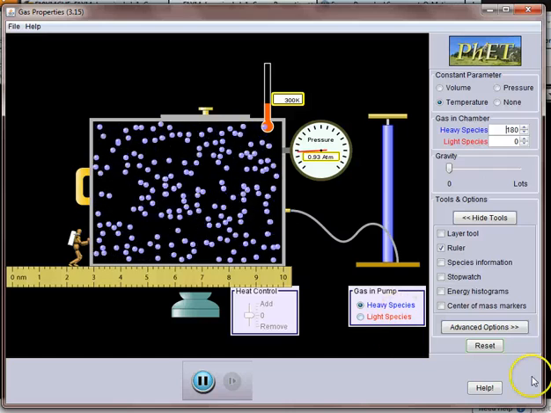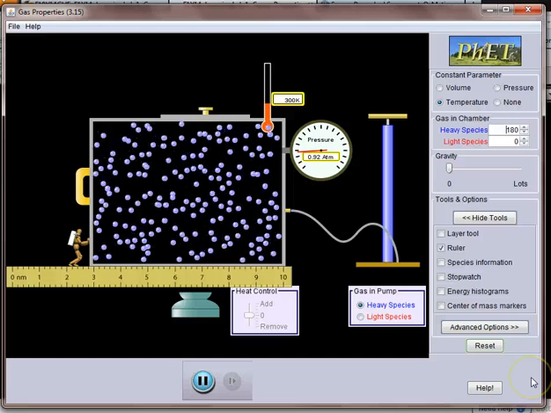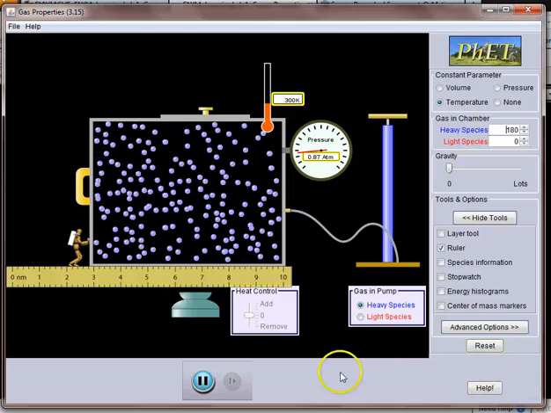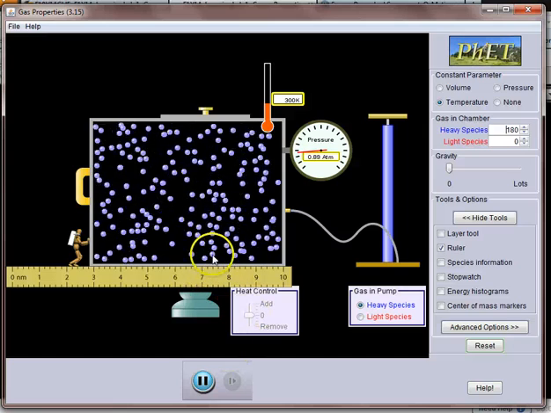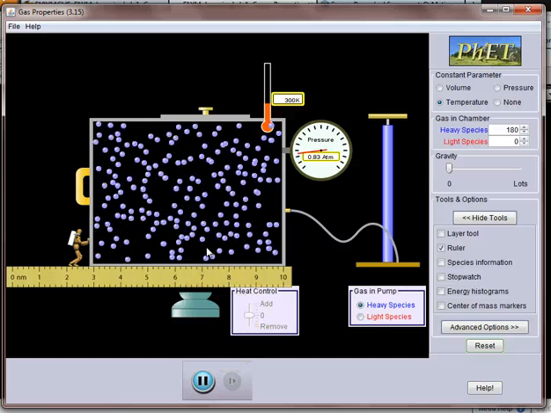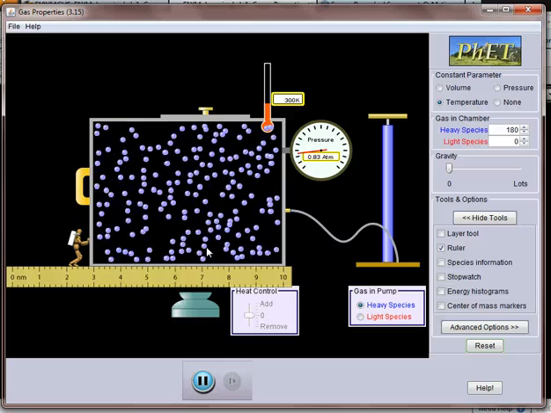That's what I'm saying. It doesn't specify what gas it is, just the number of gas particles. That's all it specifies, right?